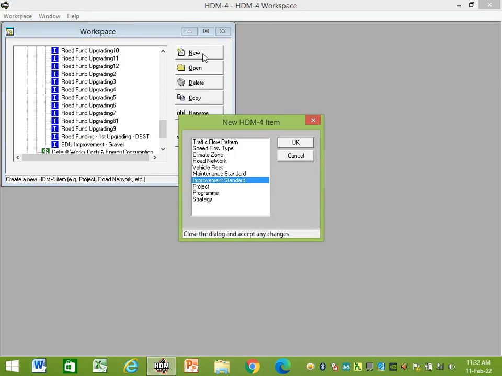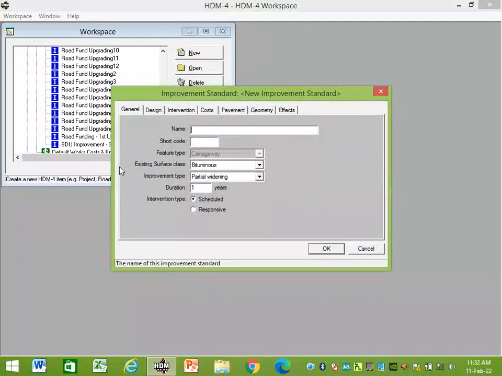Improvement, asphalt road. We are now comparing two networks, a gravel network and an asphalt network. So let's take new improvement standard. Okay.